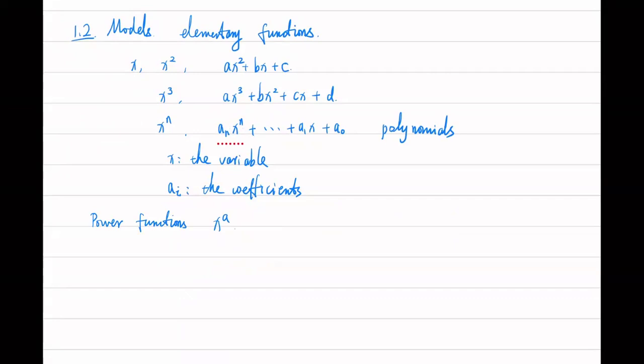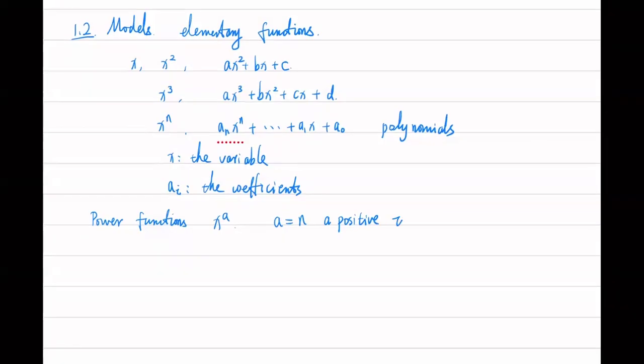In a special case, when a is a positive integer, that's something we just introduced. And negative integer, maybe fractions. In this case, it's called the nth root.